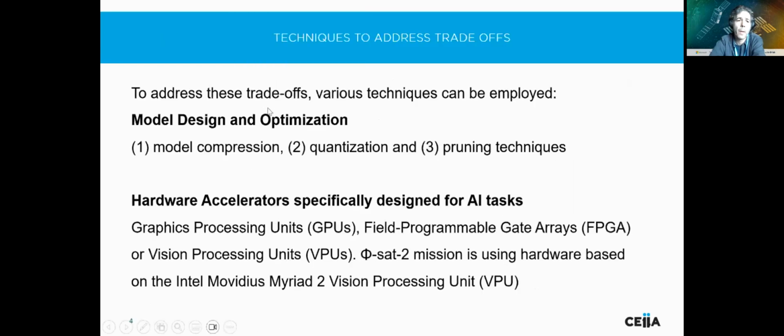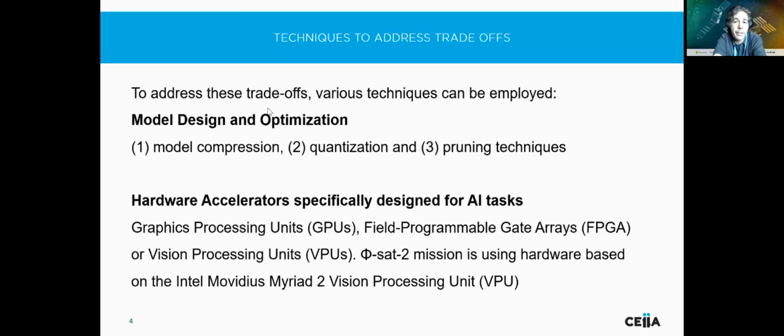So to address these trade-offs, we can use several techniques such as model compression, quantization, and pruning, which reduce the model size and computation requirements without significantly sacrificing the accuracy.